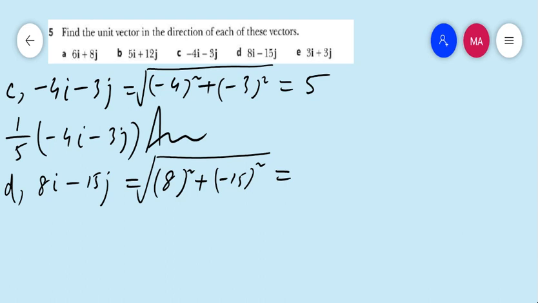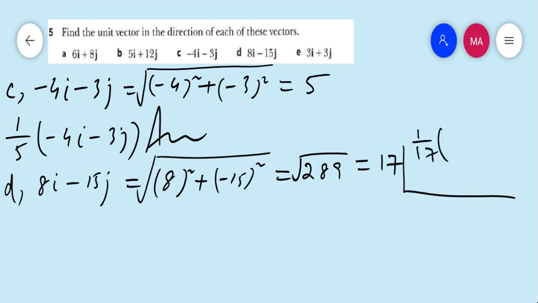Eight square is 64, 15 square is 225, the answer is 289. 289 root is 17. Therefore, the unit vector is 1 upon 17 into the original vector 8i minus 15j. So 1 upon 17 into 8i minus 15j is our final answer.